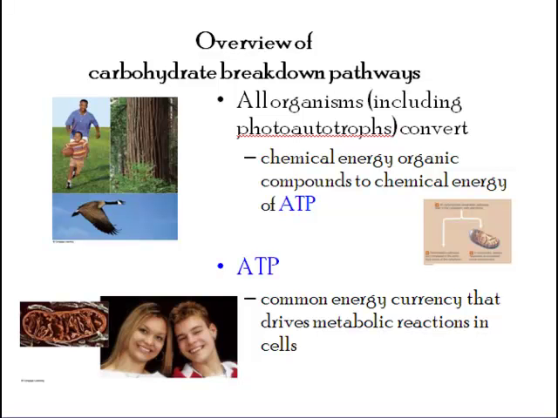So keep in mind, all organisms, including the photoautotrophs, which would be plants that manufacture their own energy through the process of photosynthesis, and the heterotrophs, which would be organisms such as animals that depend on these.